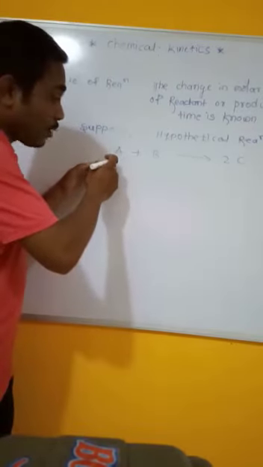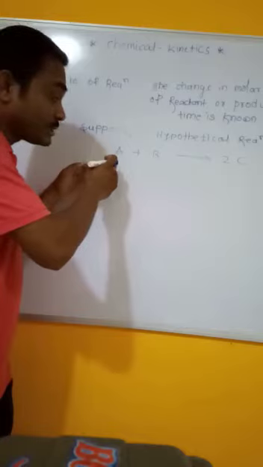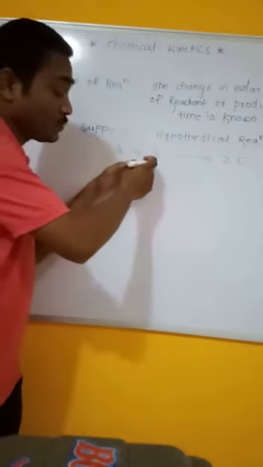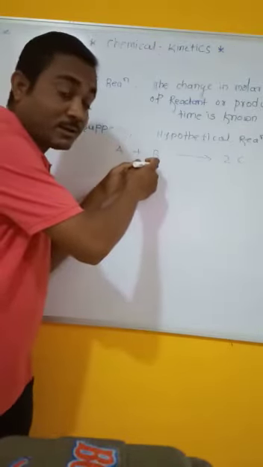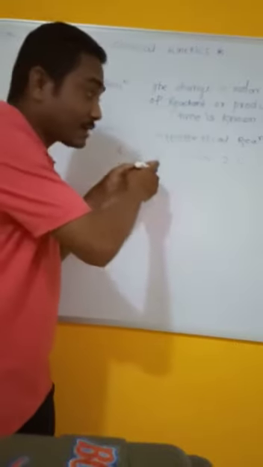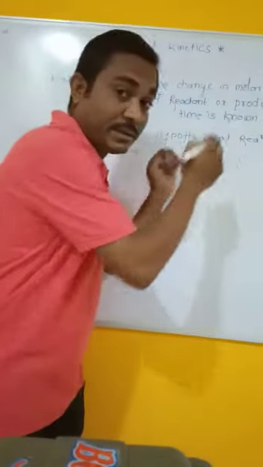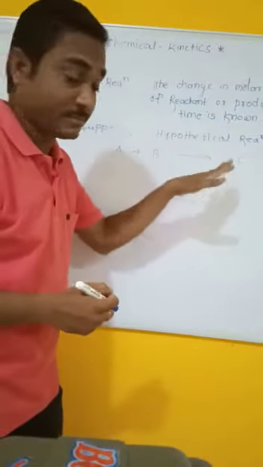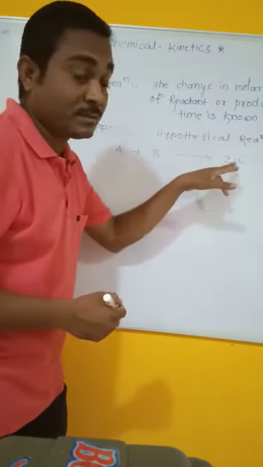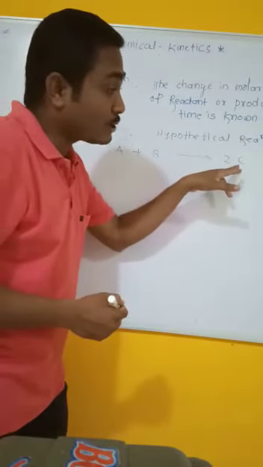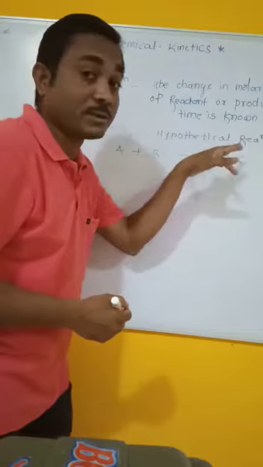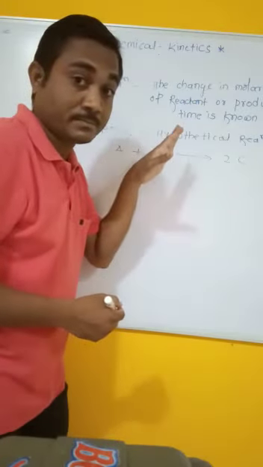Here, the rate of decrease in the concentration of reactant A, and the decrease in the concentration of reactant B. But in case of product C, it is twice the rate of increase in the concentration of the product.